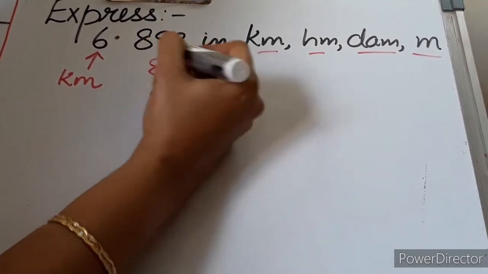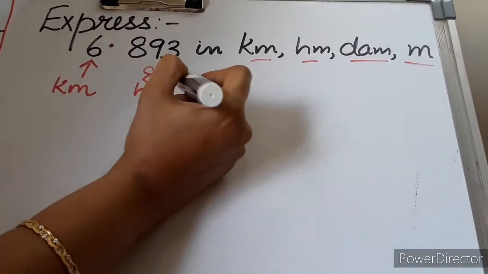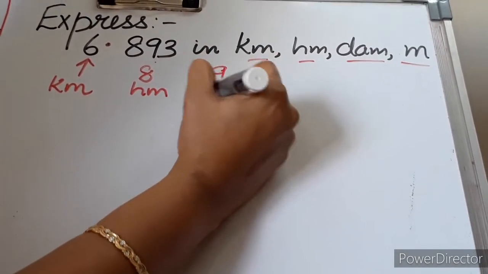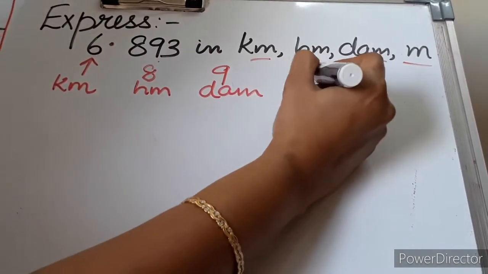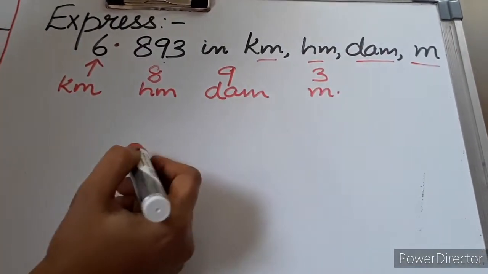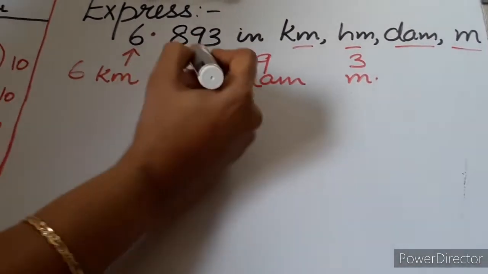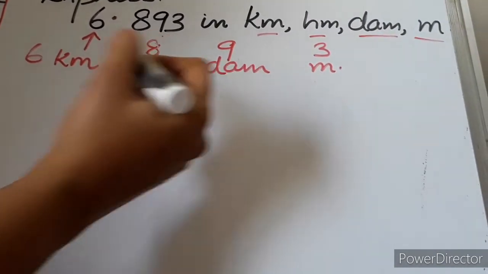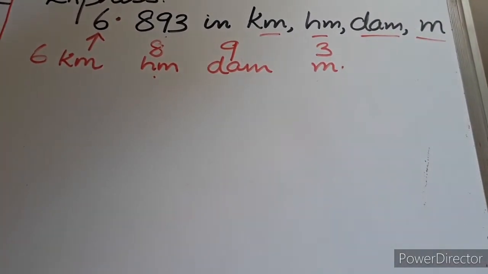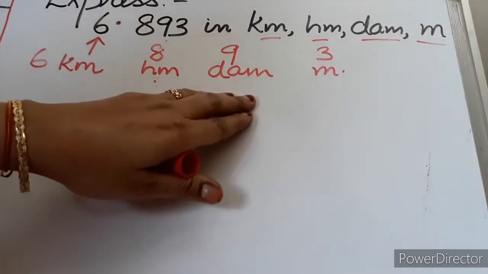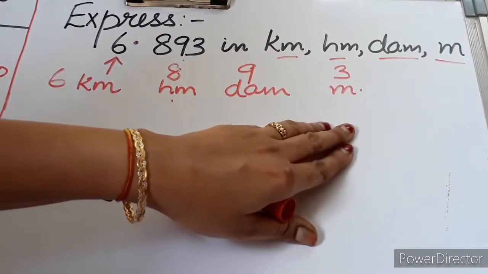Then 8 is hectometer, 9 is decameter and 3 is what? Meter. So this is the answer. 6 is 6 kilometers. Then here 8 will be hectometer, because after kilometer the next unit is hectometer. Then 9 will be decameter and 3 will be meter.